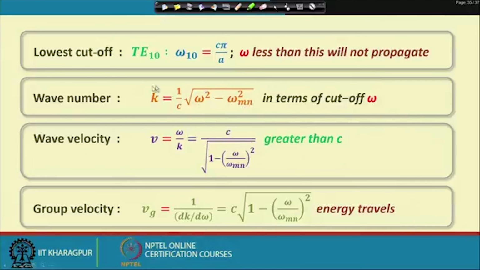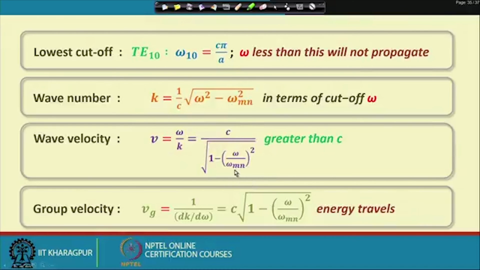So, you can represent the wave number of the wave which is propagating, where you know the integers m and n, then you can calculate this. So, the wave velocity, that is the velocity with which the wave travels in the structure, is v equal to omega by k, and this gives you the wave velocity for the wave for which I know the value of m and n.